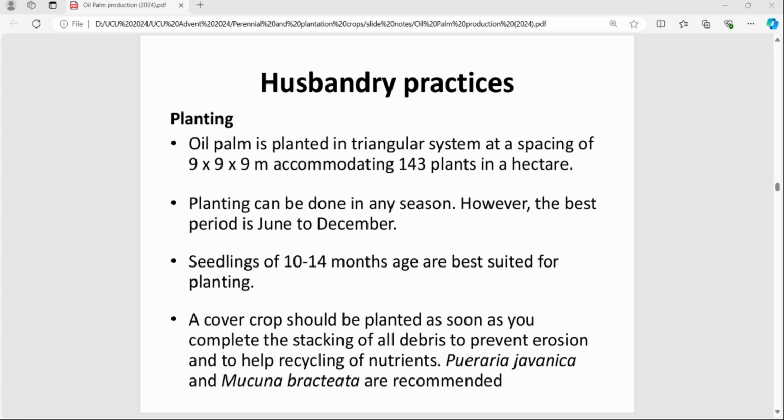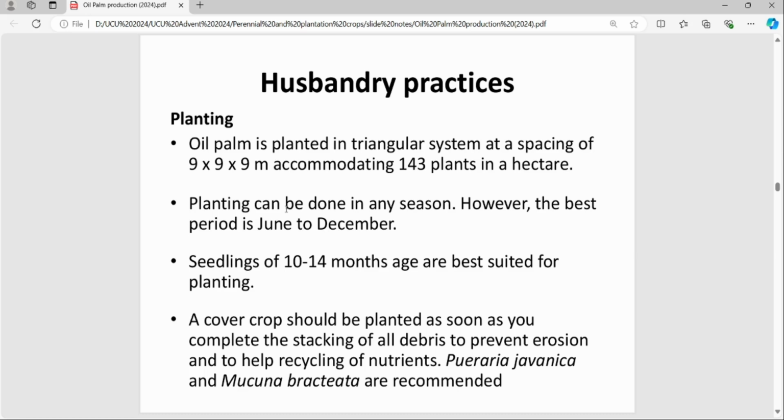Now, the purpose of using this system is to maximize space usage and ensure that each tree has sufficient room to grow without overcrowding. It also improves light interception. It also improves airflow within the field and enables every plant to access the right amount of nutrients, hence ensuring optimum growth of the plants.